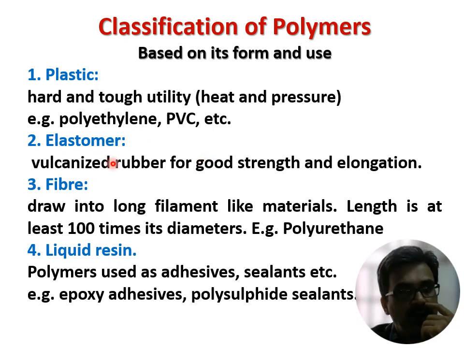And depending on elongation and good strength, we refer to them as elastomers. Where the polymers can be drawn into fine filaments, like 100 times more of a length, we call them fibers. And if you want adhesives or sealants, a lot of epoxy based adhesives or polysulfide systems are there, which are called liquid resins.